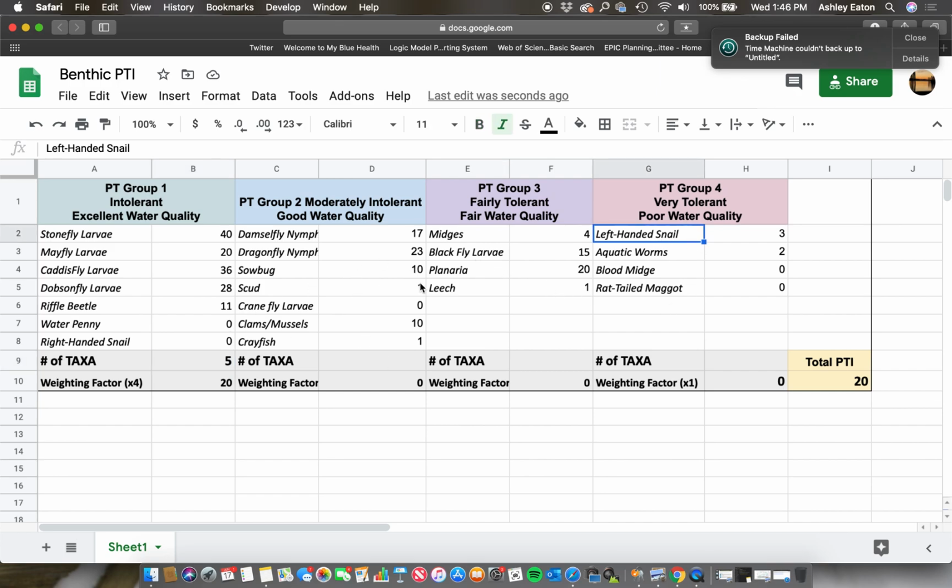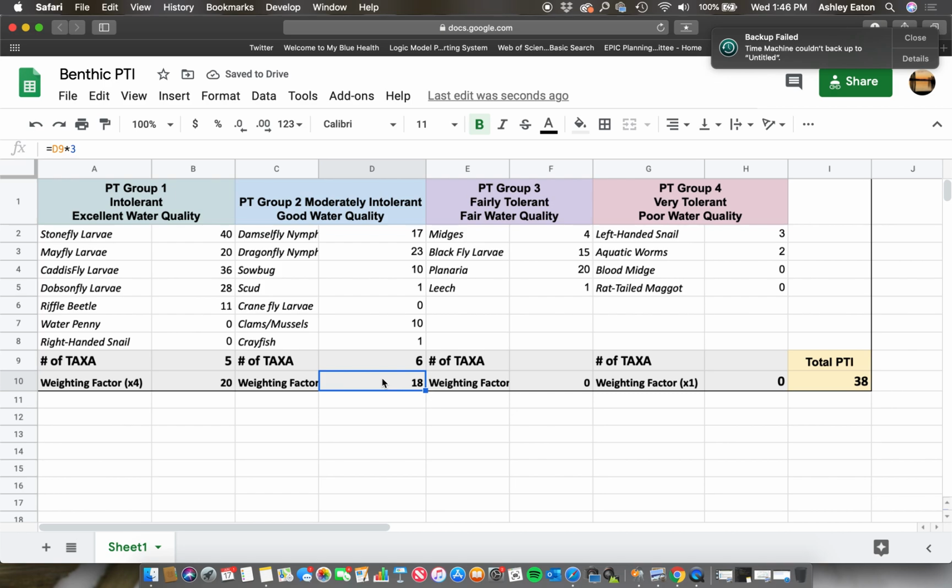And so you can work your way over through your data set. Going over here, it looks like we caught 1, 2, 3, 4, 5, 6 different taxa. And so the weighing factor for this one is 3.